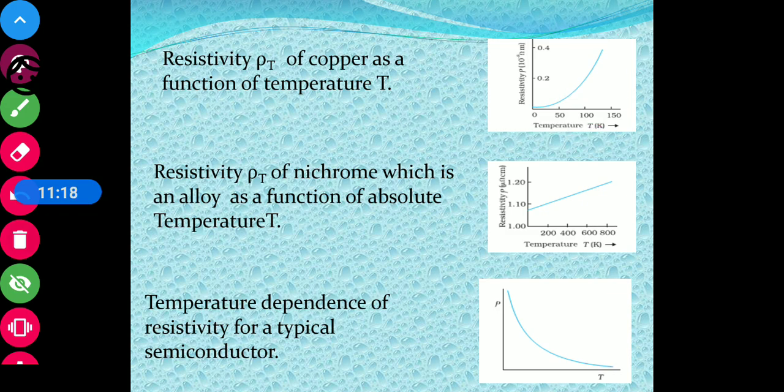In case of nichrome or an alloy, the graph between rho and T will be shown as this, as a function of the absolute temperature. In case of semiconductors, because the resistivity decreases, the graph will be like this. So for metals, the resistivity increases with the increase in temperature. For an alloy, there is a very weak dependence on the temperature. In case of semiconductors, the resistivity decreases with the increase in temperature.